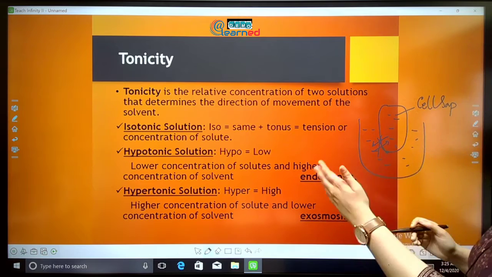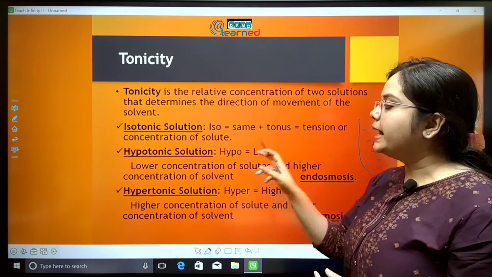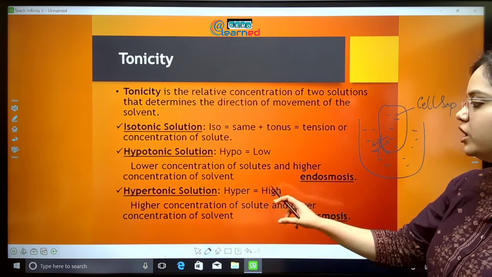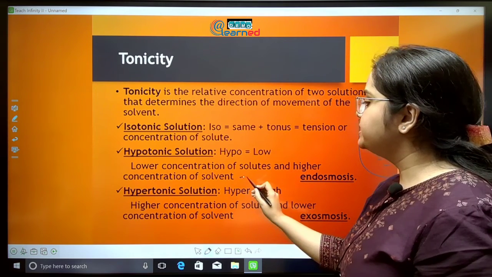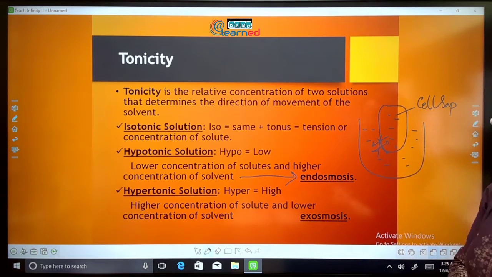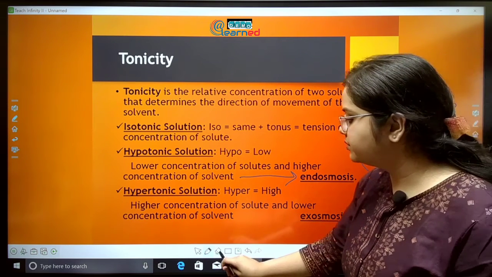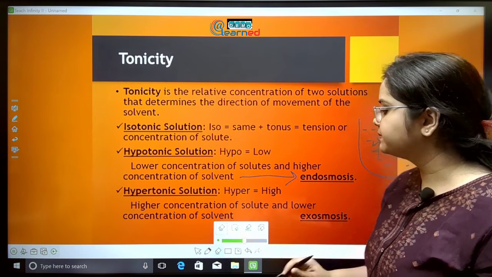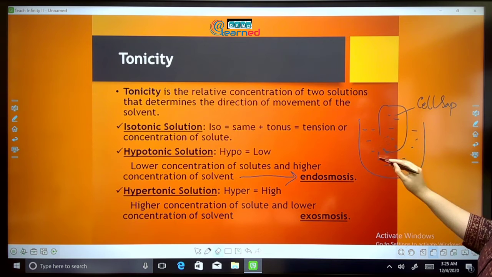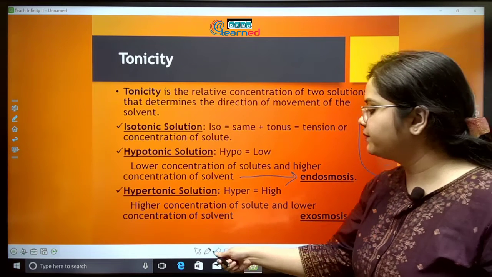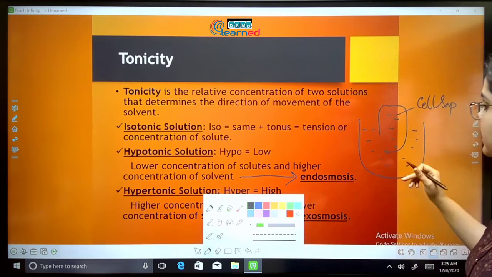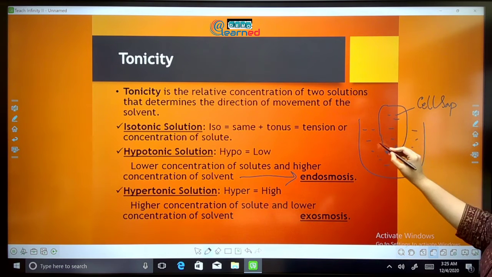In case of hypotonic solution, hypo means low, lower concentration of solutes and higher concentration of solvent. There is an arrow missing, which is endosmosis. So, we have to erase this part. Suppose we are erasing it, we will draw it again. This is the second condition, so in the second condition we have the cell again.